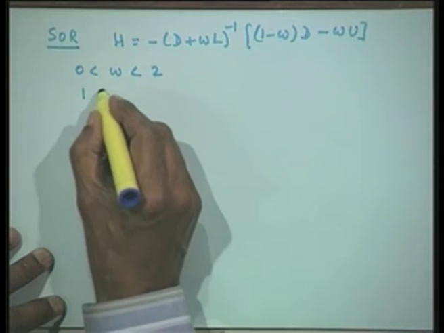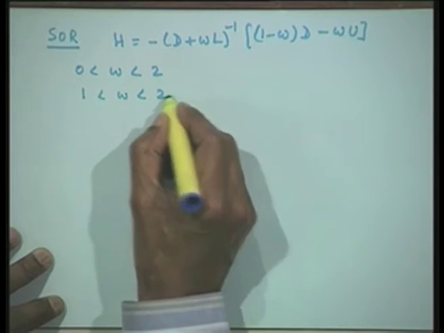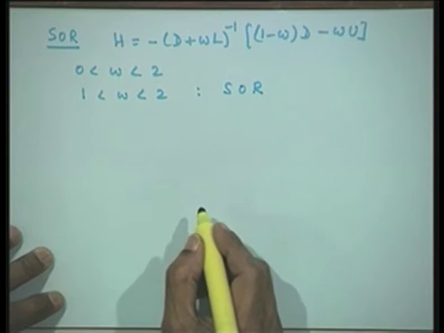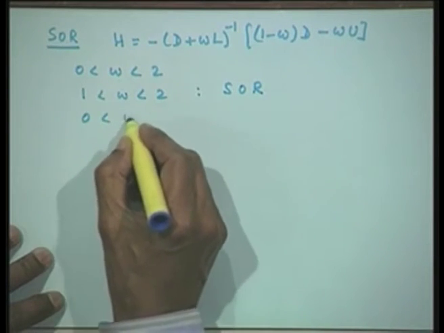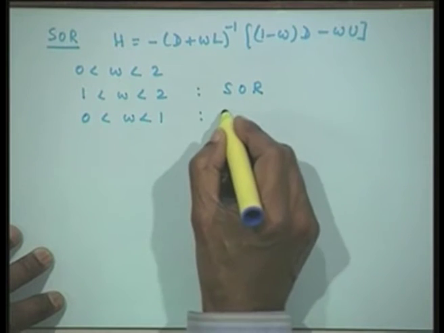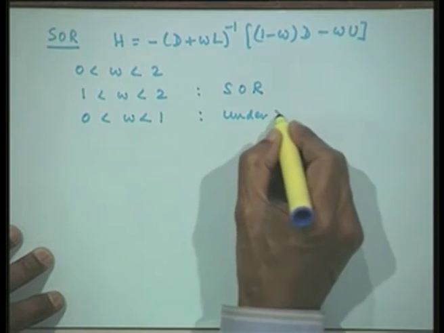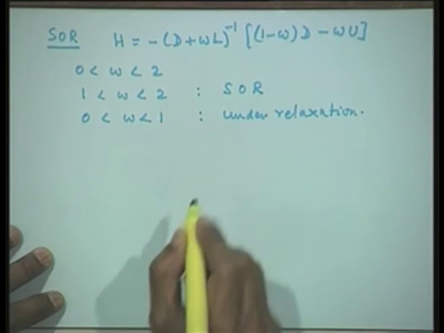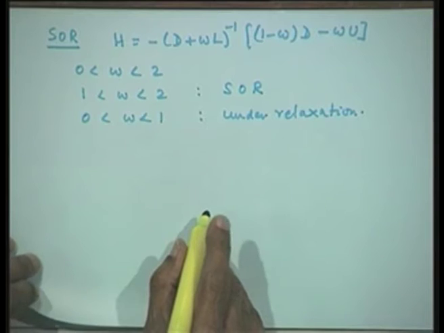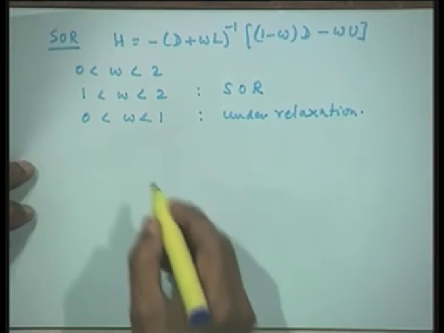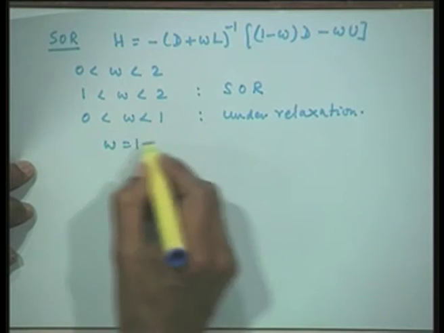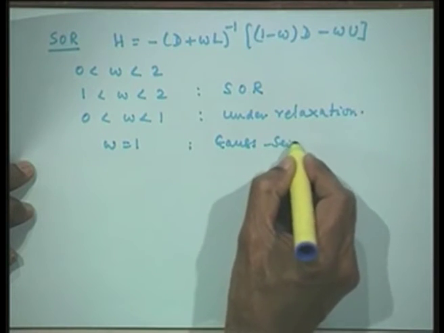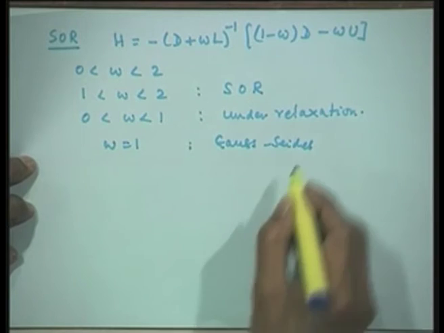If it lies between 1 and 2, we call this successive over relaxation. If it lies between 0 and 1, we call this under relaxation, but in practice nobody uses under relaxation unless there is some specific reason, and when omega is 1, it reduces to Gauss-Seidel.